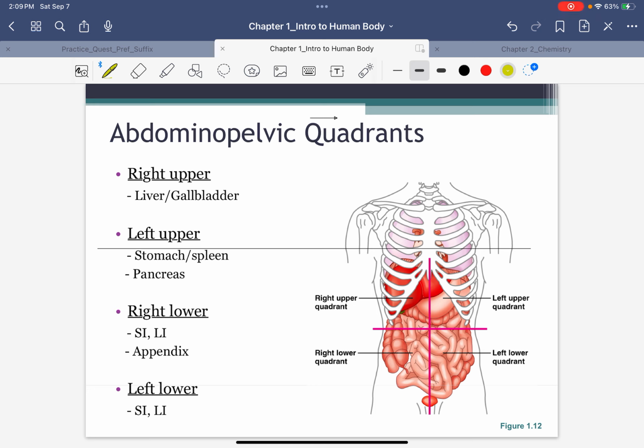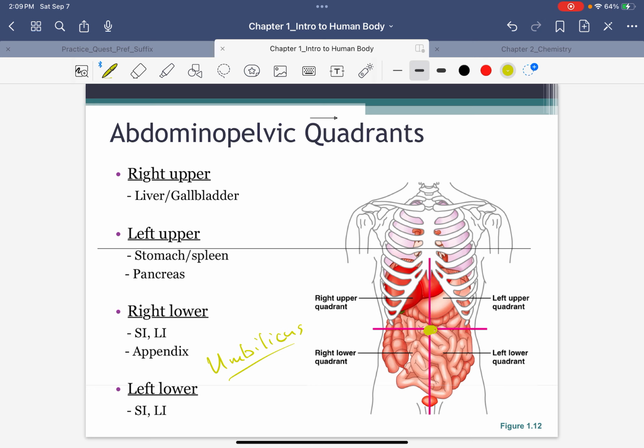So when it comes to the abdomen, you're going to need to know what organs are housed in each, what we call, quadrant. These quadrants are all based off of the belly button. Did you know, folks, the fancy name for belly button is umbilicus? Kind of a funny name. That's the fancy word for belly button.